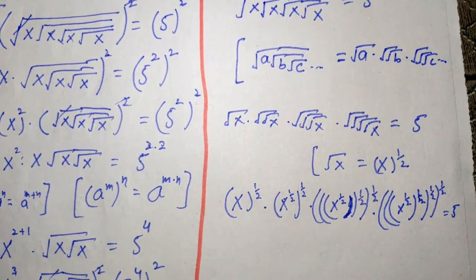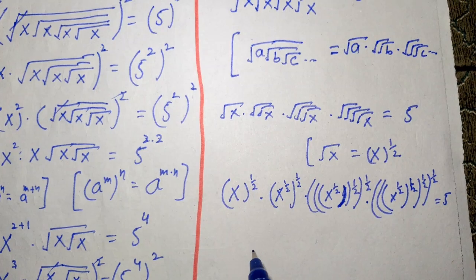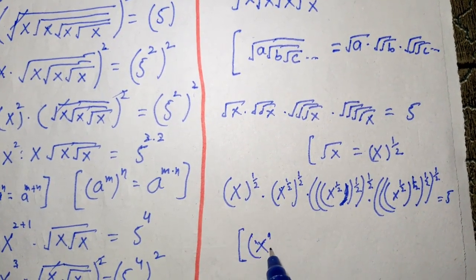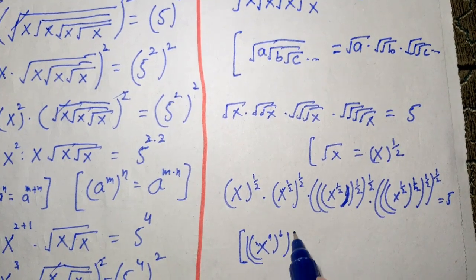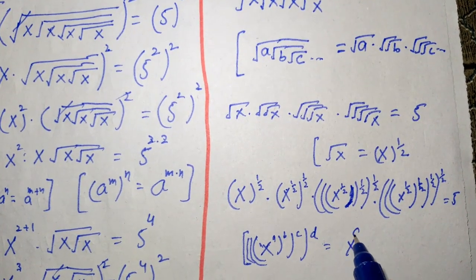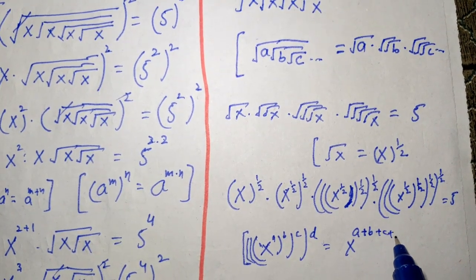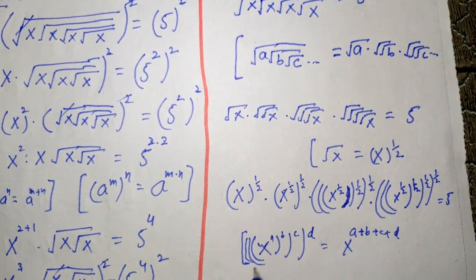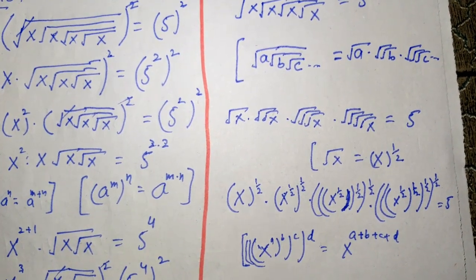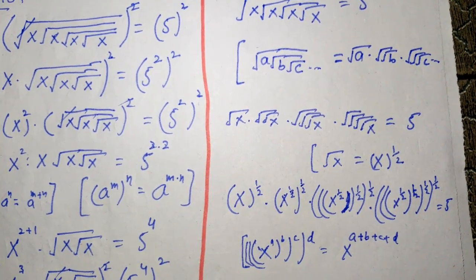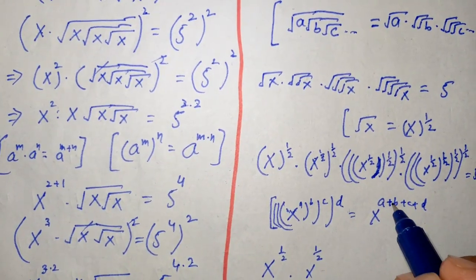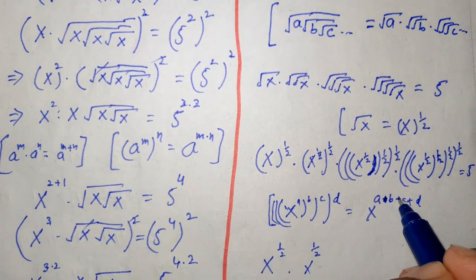Now we know that x to the power of a to the whole power of b to the whole power of c to the whole power of d is equal to x to the power of a plus b plus c plus d. So to apply this condition here, this will become x to the power of 1 over 2 times... sorry, per mistake, this is not a plus sign, it is a multiplication sign.